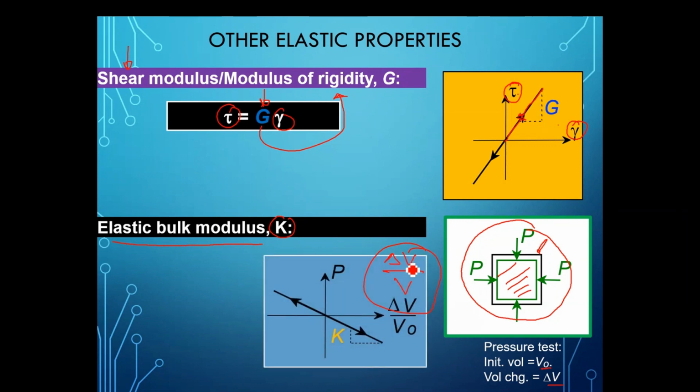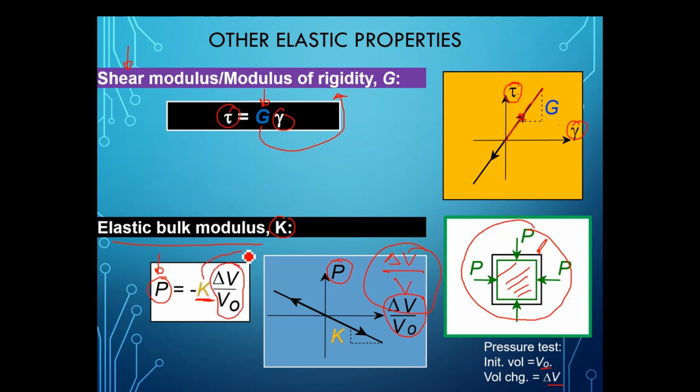Stress is represented by the pressure, strain is represented by the volumetric change, and K is the proportionality constant, which is the elastic bulk modulus in this case.